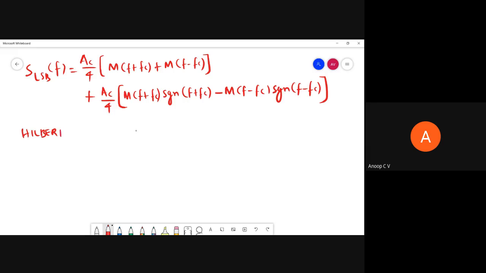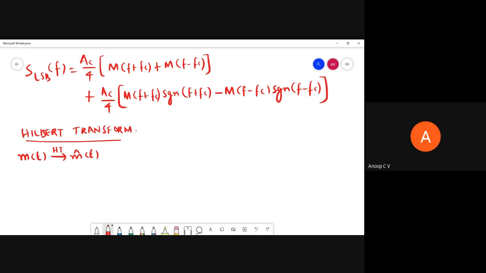Those who have not seen yesterday's video, if you find some lack of clarity, it's because you don't know what the Hilbert transform is. So if I have a time domain signal m of t, its Hilbert transform will be represented as m cap of t, and we have seen in yesterday's video the definition of the Hilbert transform, what it does.